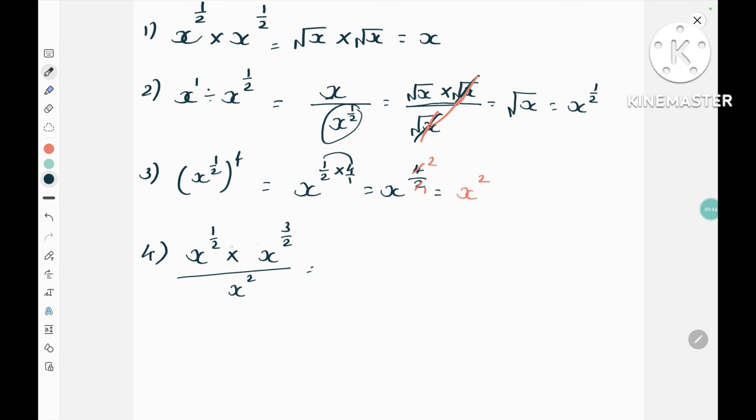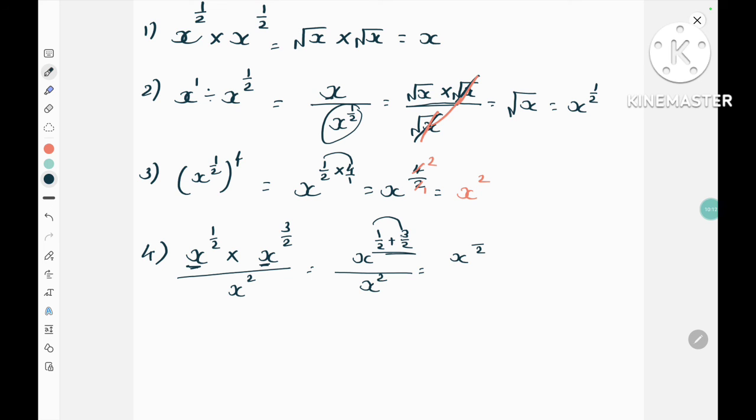Let's first simplify the top numbers. We can add the powers because both have the same base, right? Here x to the power of half and x to the power of 3 over 2. So what we are going to do is add the powers. We are adding fractions, so the denominators need to be the same, and it is the same, so we write the denominator as it is.